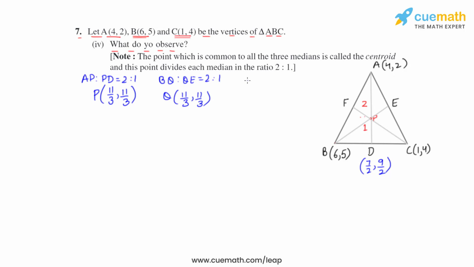In the same way, CR ratio RF was given 2:1 and we got the point R as 11 by 3, comma 11 by 3. So you can see that the coordinates of points P, Q, R are the same. We have got the same coordinates for P, Q and R. Therefore, all these are representing the same point.